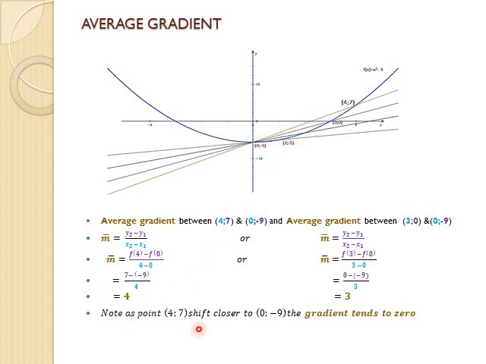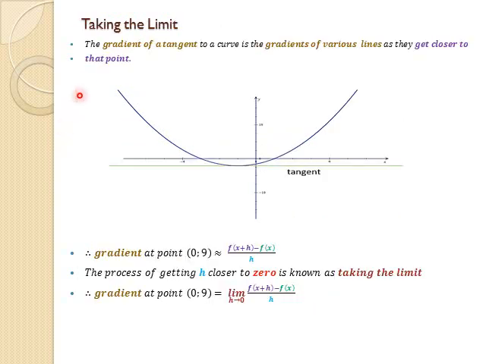Notice as point (4, 7) shifts closer to (0, -9), the gradient tends to 0. So as f(x + h) shifts towards f(x), the gradient tends to 0, and we have a specific way to write this. It's called the gradient of a tangent.